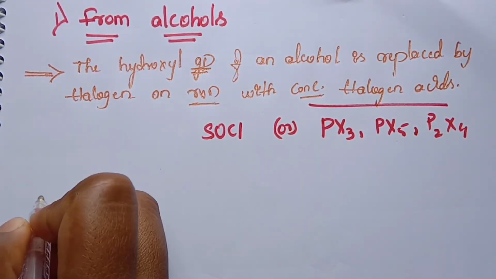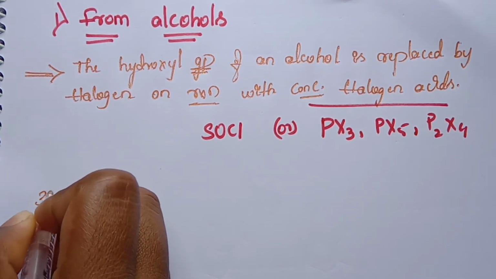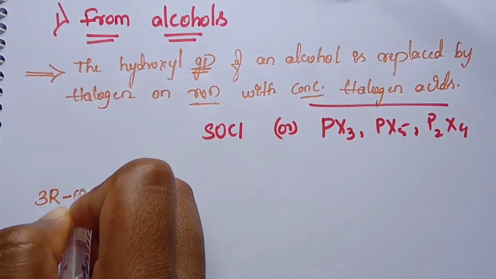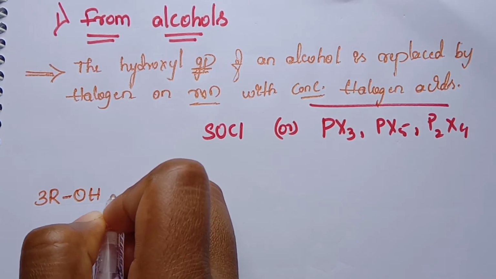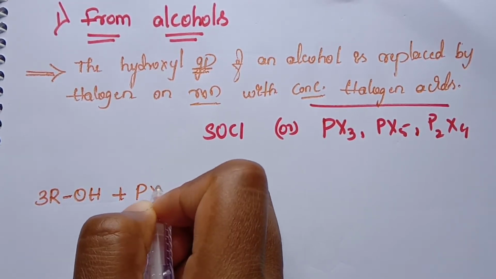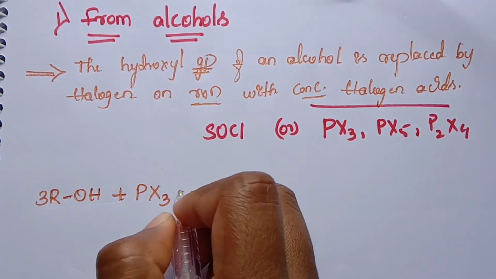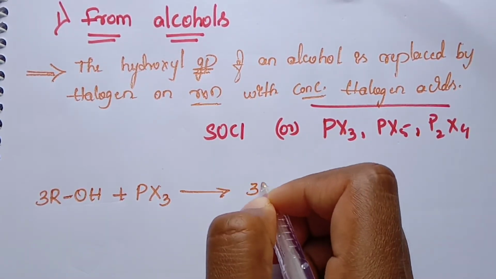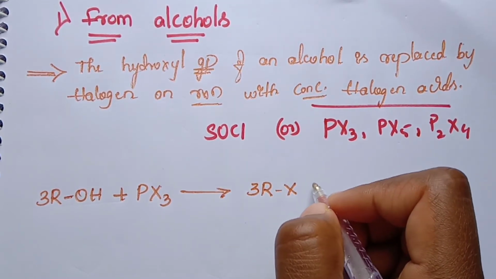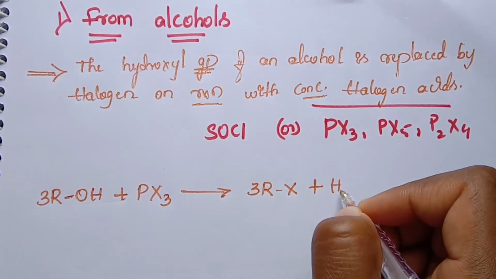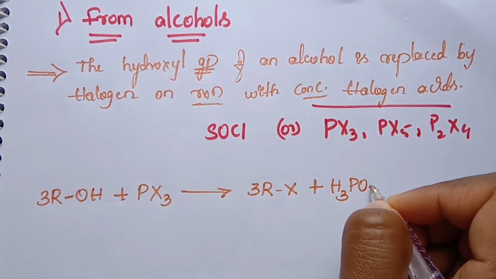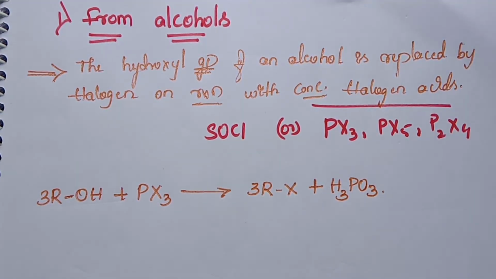I will show you through the reaction. R-OH, the alcohol, plus PX3, the phosphorus halide, react to form alkyl halide with liberation of H3PO3.